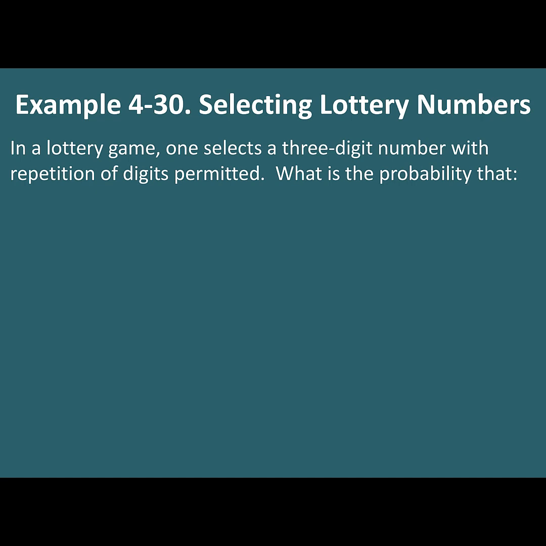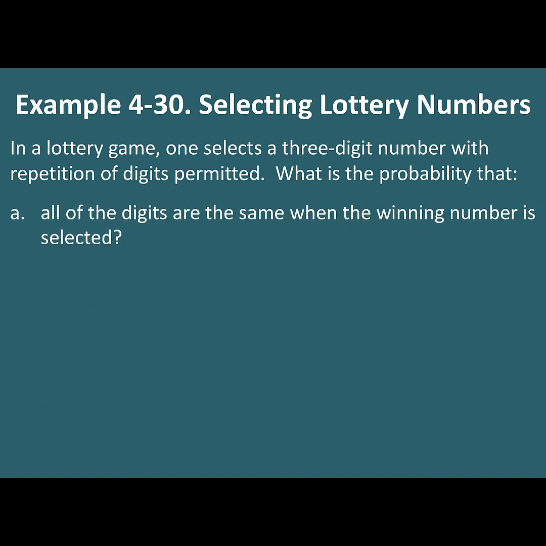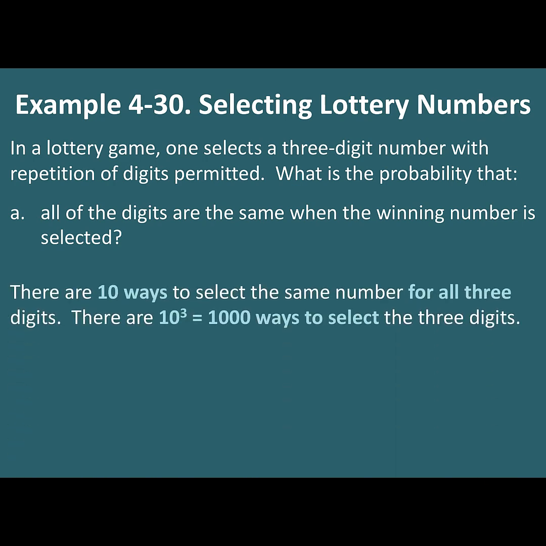In a lottery game, one selects a 3-digit number with repetition of digits permitted. Let's find the following probabilities. First, let's find the probability that all of the digits are the same when the winning number is selected. Now here, there are 10 ways to select the same number for all 3 digits.